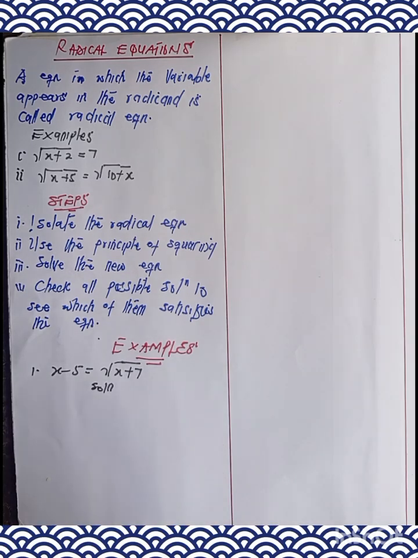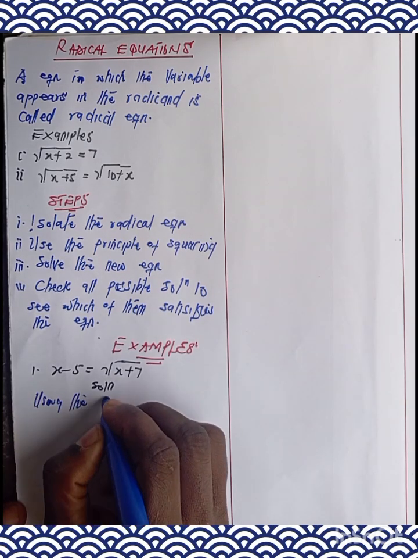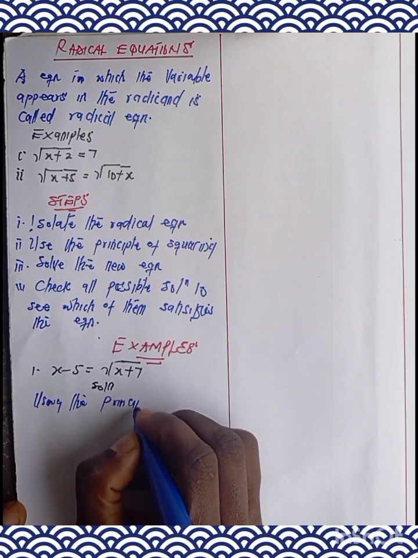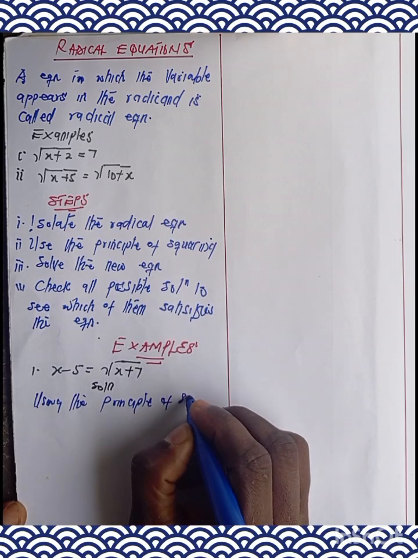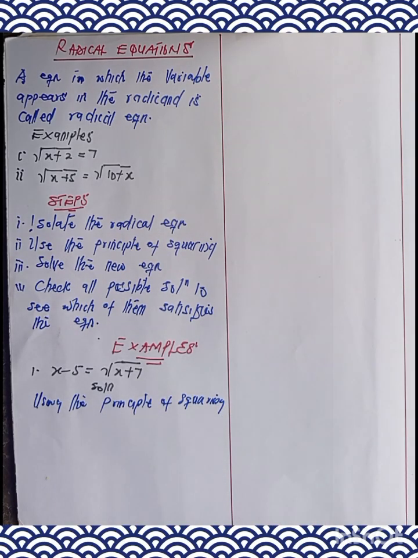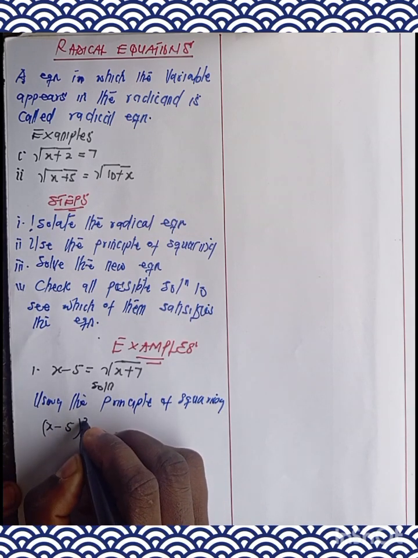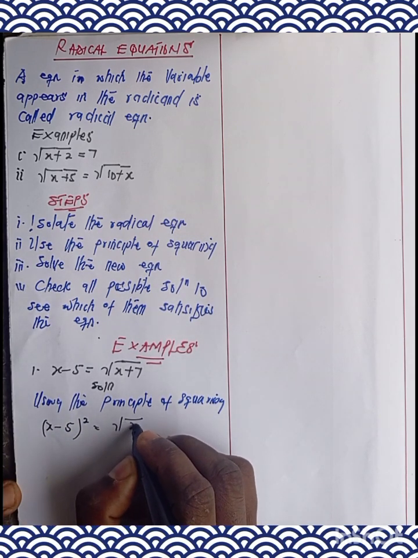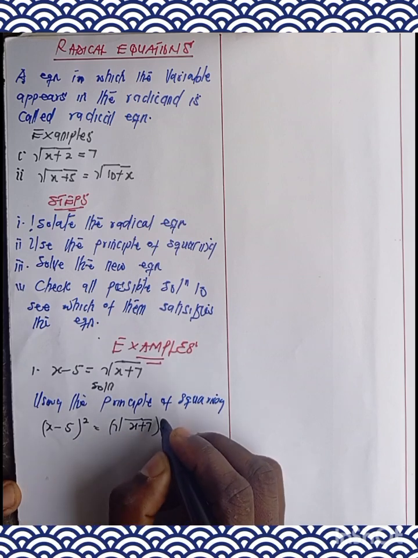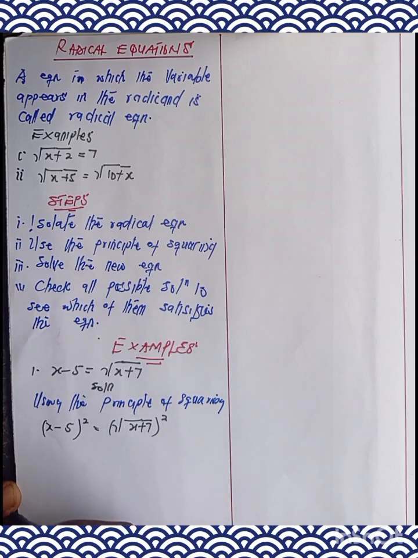So we have... So using the principle of squaring, we square both sides of the equation to do away with the radical symbol.